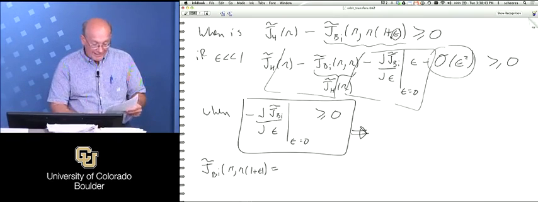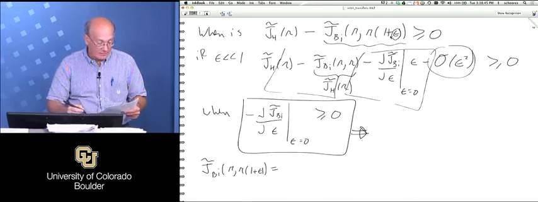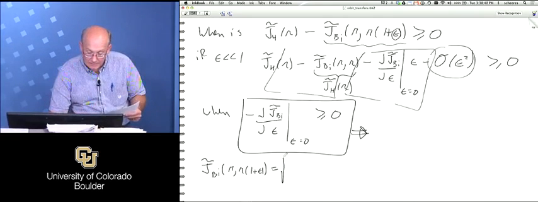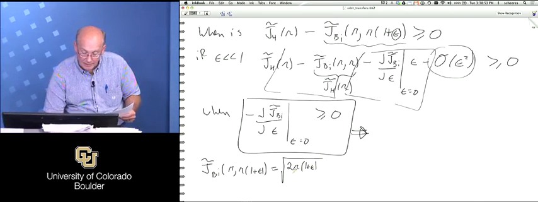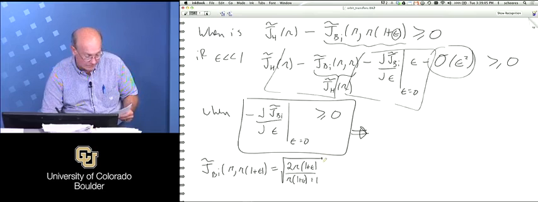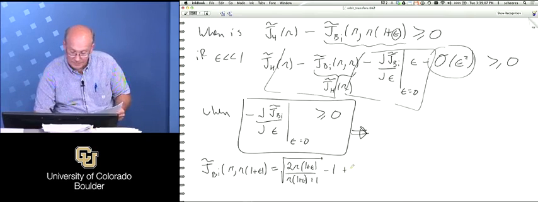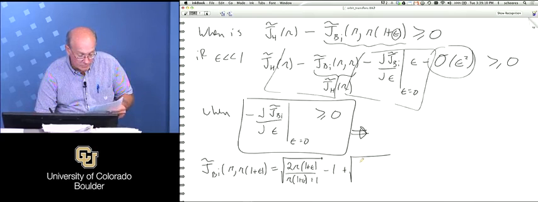Okay, so if we make the substitution, this falls into the following form. Square root of 2 r (1 plus epsilon) over r (1 plus epsilon) plus 1, minus 1, plus square root of 2 divided by, I've got a 2r over r squared.